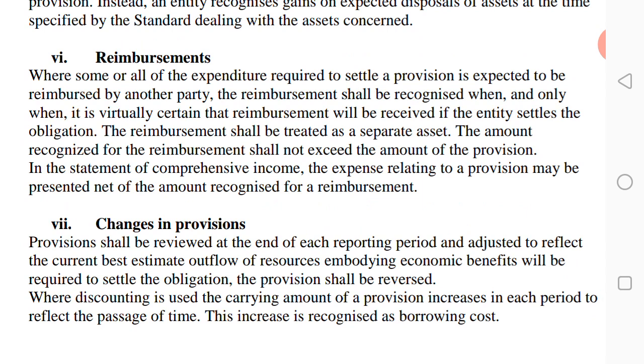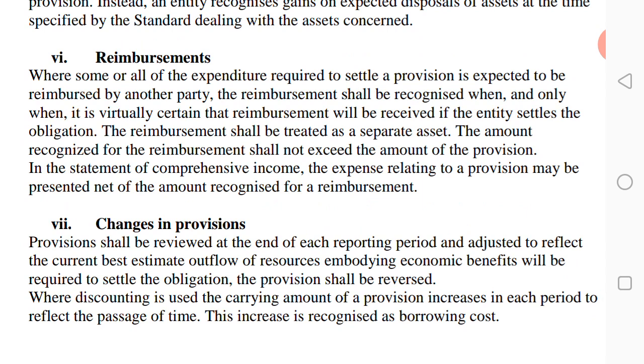Changes in provisions. Provisions shall be reviewed at the end of each reporting period and adjusted to reflect the current best estimate. If it is no longer probable that an outflow of resources embodying economic benefits will be required to settle the obligation, the provision shall be reversed.